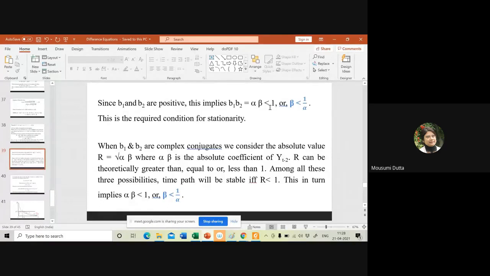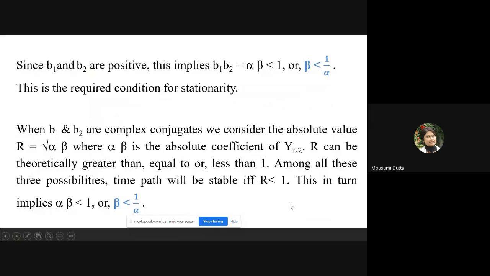If the absolute values of both the roots are less than 1, in that case their product, which we defined as alpha into beta, should also be less than 1, or alpha beta should be less than 1. The multiplier will be less than 1 upon the accelerator. And we marked this as the required condition for stationarity, the required condition for stability. Okay. However, I didn't say anything about when the roots will be complex conjugates.